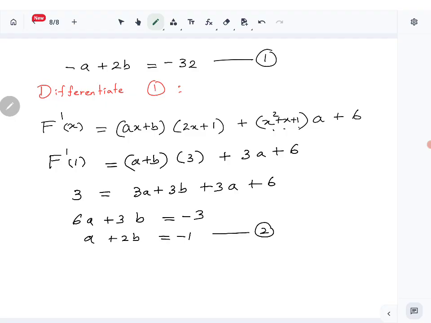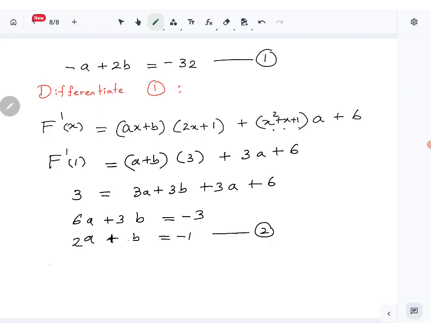Right. So how do we solve them simultaneously and find a and b? So what can I do? Wait, this is wrong. I should have written 2a plus b, no? 2a plus b, not this. When we divide by 3, you get 2a plus b equals minus 1. Right, so then I can do what?